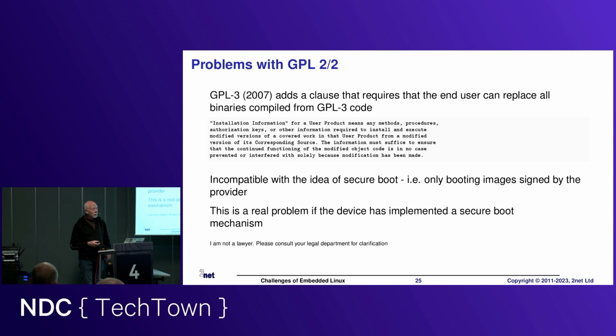In essence, it says that if you have a product which contains binaries compiled from GPL3 code, then you, the manufacturer, must supply installation information which would allow an end user to replace those GPL3 components with new modified GPL3 components. In other words, it must be possible for an end user to modify the code running on a typical embedded system.